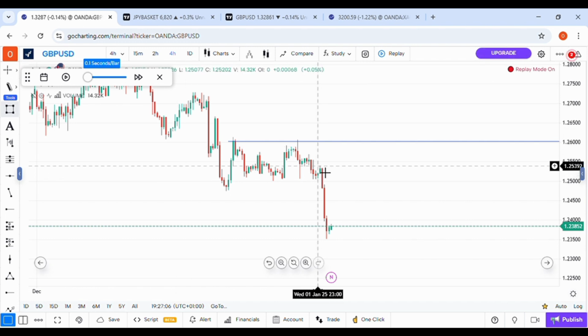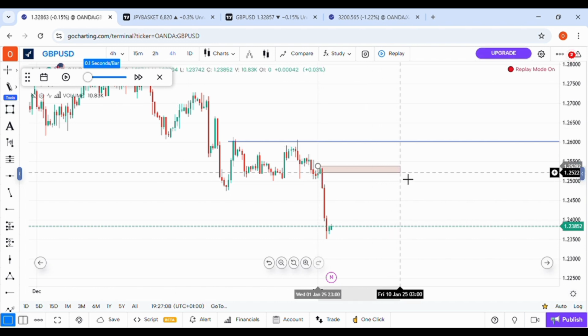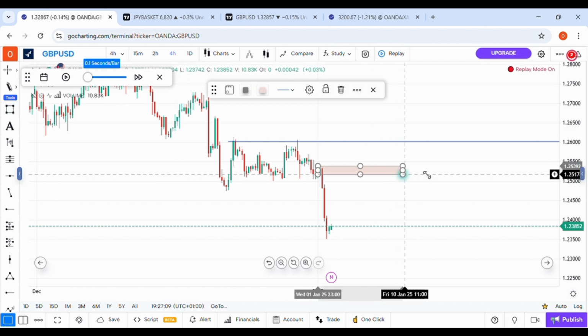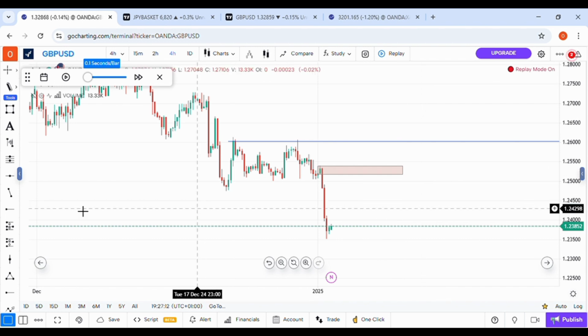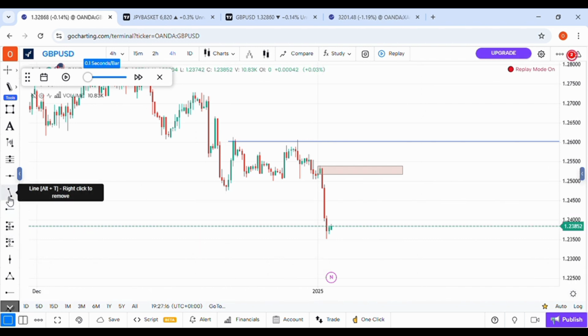This is our order block here, guys. And again, this is our break of structure. Remember the three factors that you need to see in an order block formation for it to be valid. First of all, a break of structure, imbalance, and make sure the order block hasn't been mitigated yet.